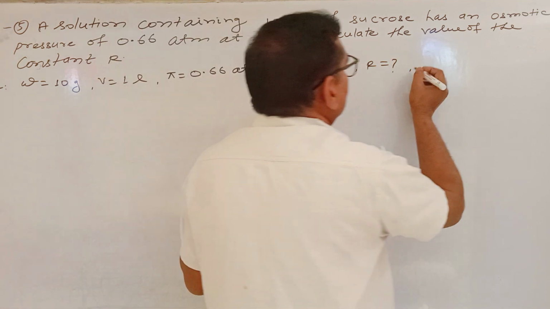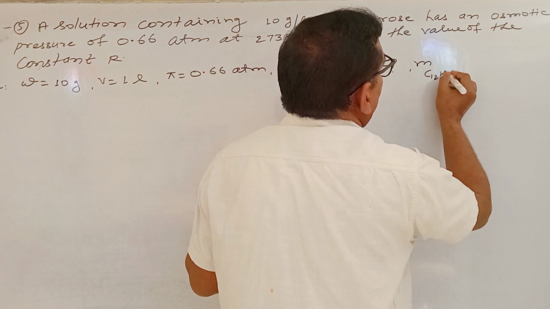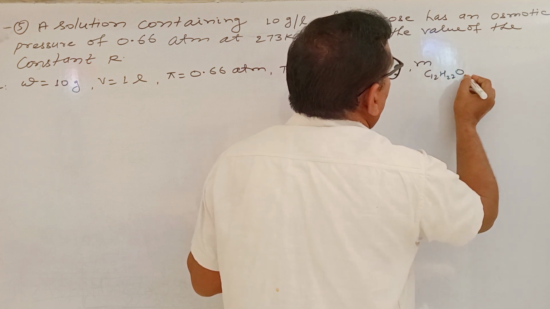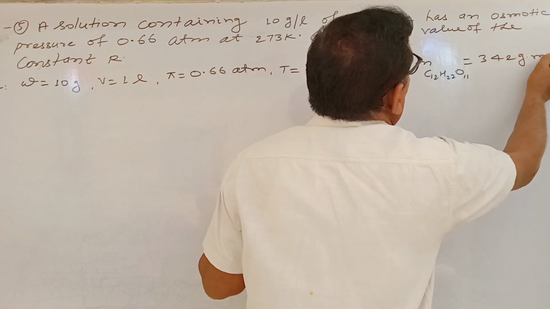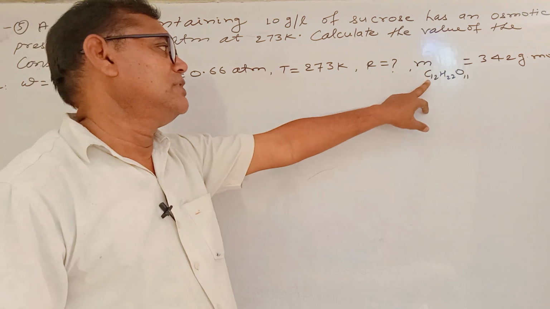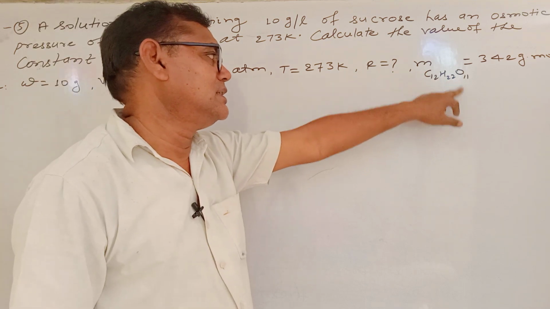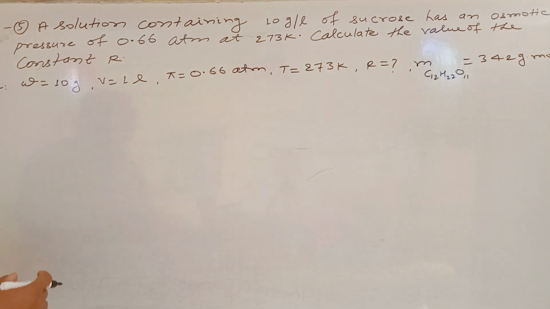Molar mass of sucrose is equal to 342 gram mole inverse. Molecular formula of sucrose is C12H22O11. Therefore, molecular mass of sucrose is 342 gram mole inverse.